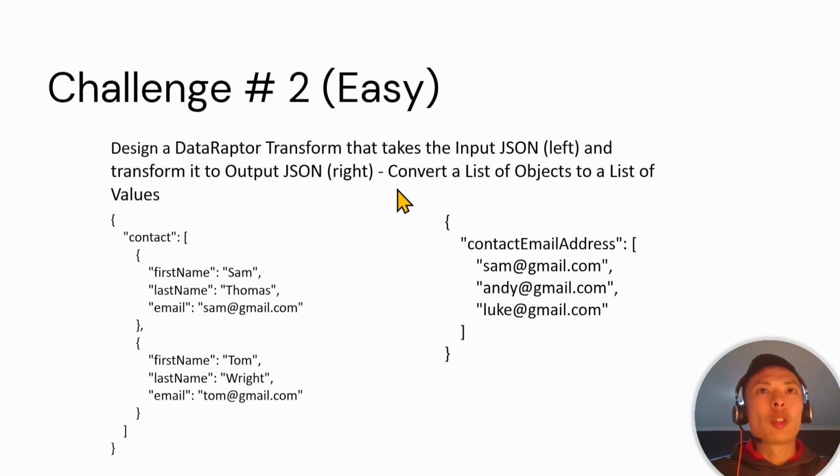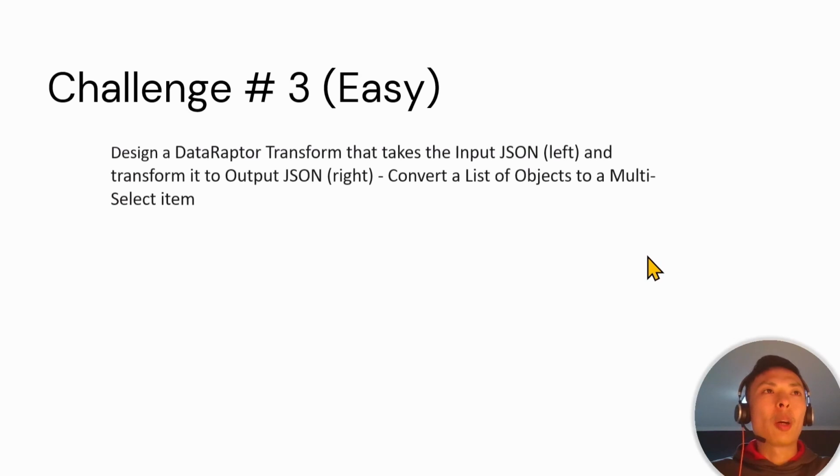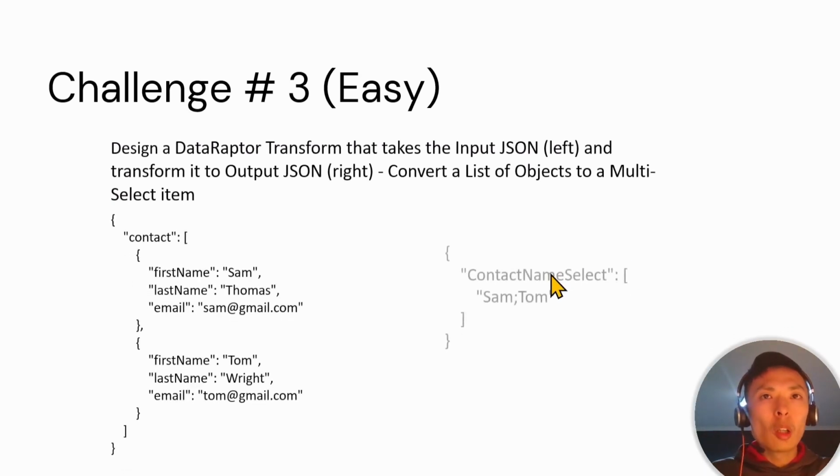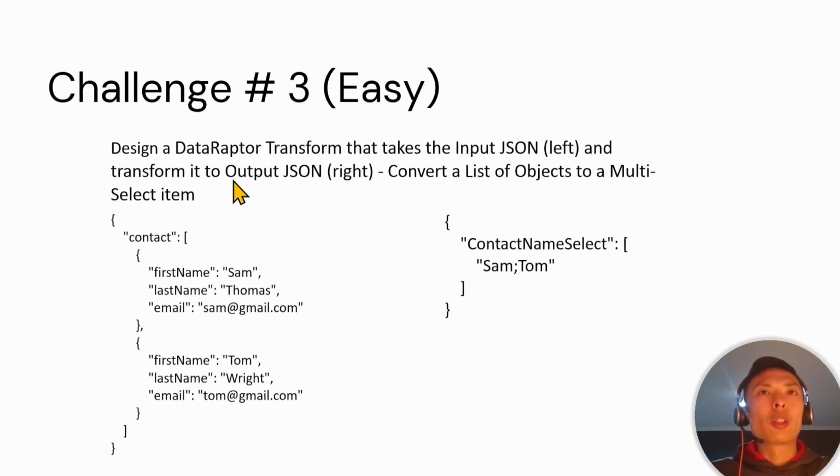And this one is about converting a list of objects to a list of values. I will encourage you to take a screenshot as well, as I'll be going quite fast in these challenges. Challenge number 3. What we want to do in this one is convert a list of objects to a multi-select item.